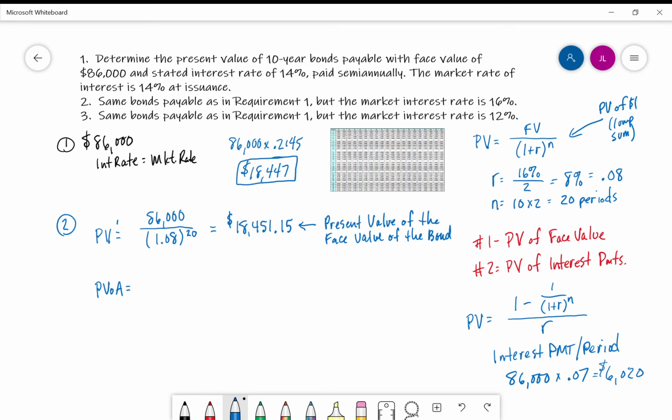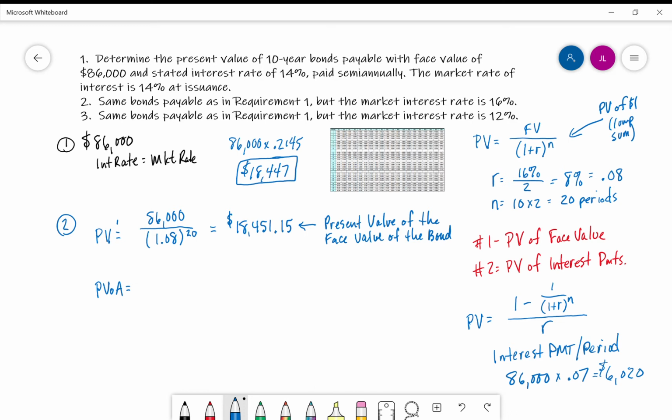So what we've got to do here is say, okay, we're looking at $6,020. That's our interest payment per period. And what we're going to do is multiply that by our equation here. I want to erase this first. We want to calculate our equation.